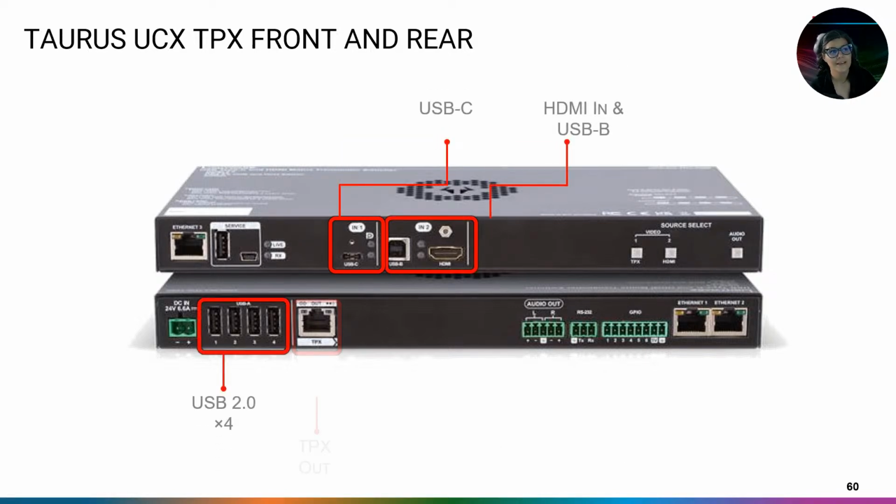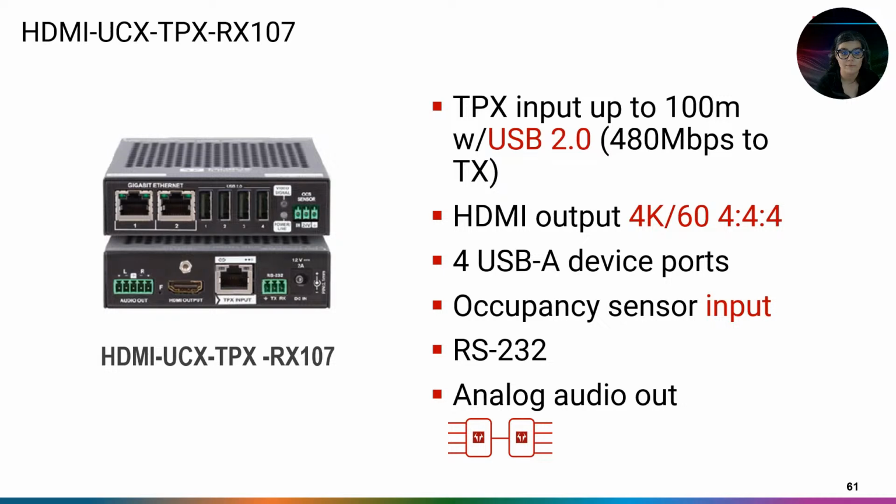Oh, and of course, you've got your 4-port hub there, which is going to give you a total of 8. Those are our 2 transmitters. So we've got our 4x3 transmitter, and then we've got our 2x1 transmitter, depending on the size of your room. Now we also have 2 different receivers.